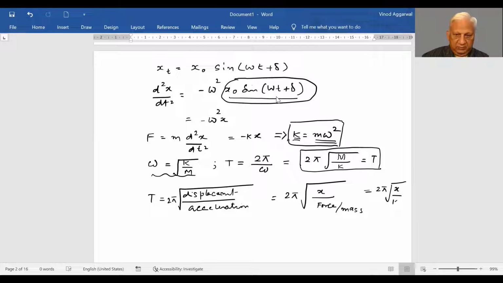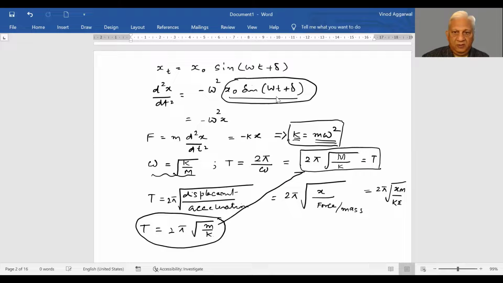We have already seen was kx, mass moves up. So what we are left with is T is equal to 2 pi root m by k. The same relationship we talked earlier. Okay.